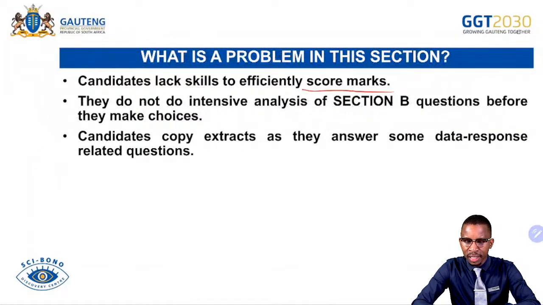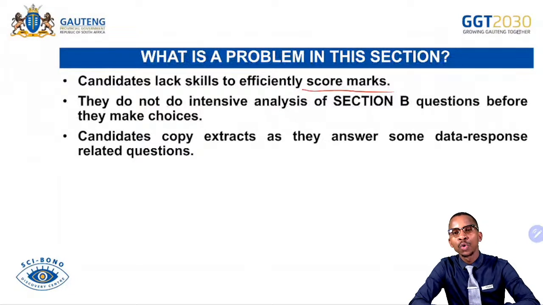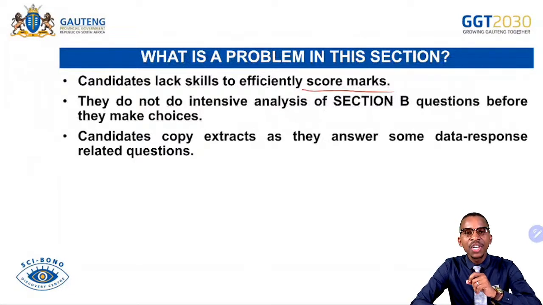Candidates copy the extract as they answer some data response related questions. It is very important for you to know that on the given data response in section B, you can only get lower order answers in there, even though they can be there, but it's not guaranteed that they will all be there. Like for instance, in question 2, we have 2.2.1, 2.2.2.